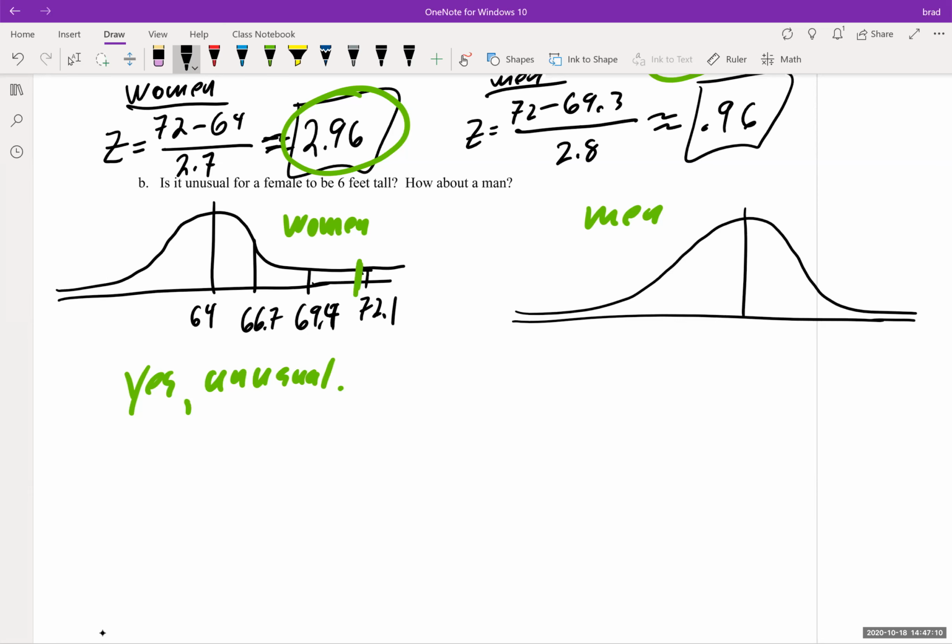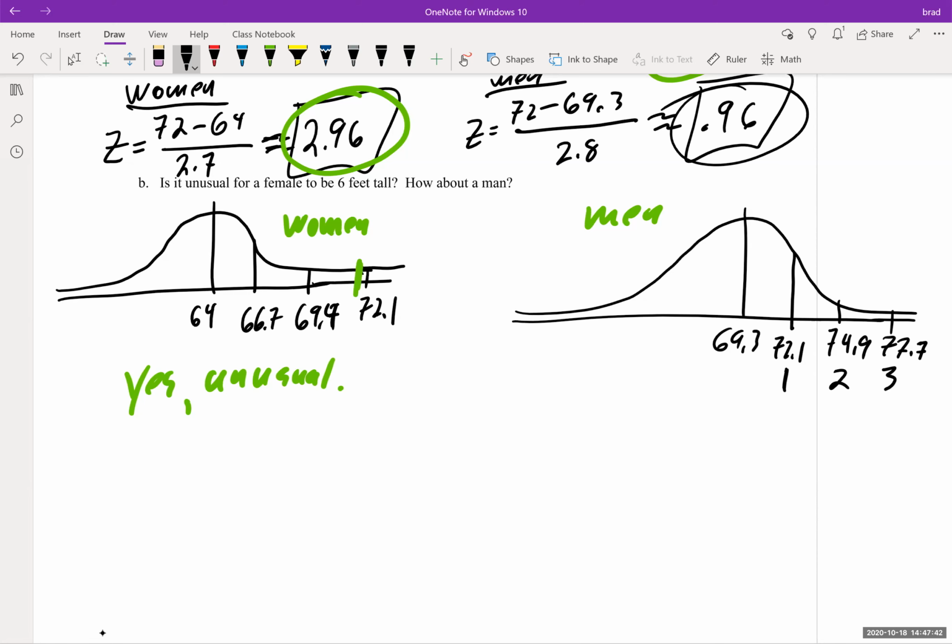Right here's the mean. What's the mean for men? 69.3. Then we walk 2.8, and that'll be 72.1. Then we walk another 2.8, and that'll be 74.9. Then another 2.8, and that'll be 77.7. So this is 1 standard deviation, 2 standard deviations, 3.